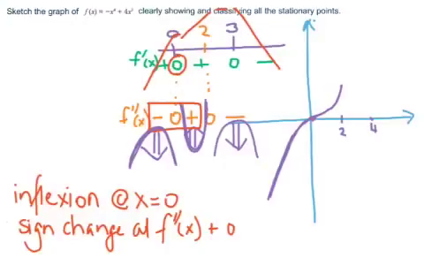Now, here's the interesting thing, I have another inflection here. Remember, I know it's an inflection because I've got a 0 on my second derivative and I have a sign change. So I also have an inflection at x is equal to 2. But this time, there's no corresponding 0 up here on my first derivative, so this inflection is a non-stationary inflection, and all it represents is the change in my concavity.